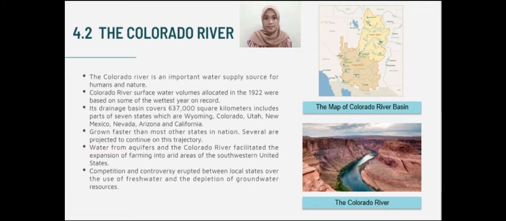As southwestern populations grew, competition and controversy erupted between local states over the use of fresh water and the depletion of groundwater resources. As you can see on the right side of the slide, there is a map of the Colorado River and also an image of the Colorado River.